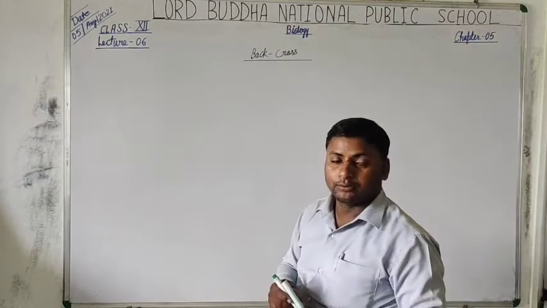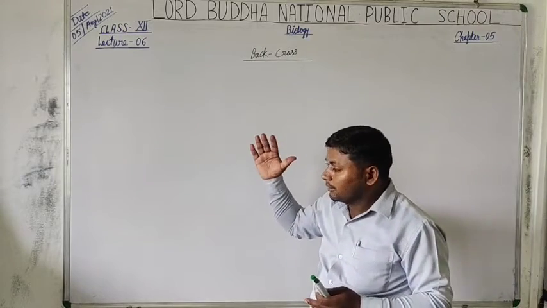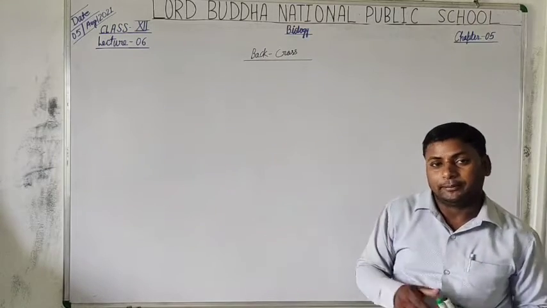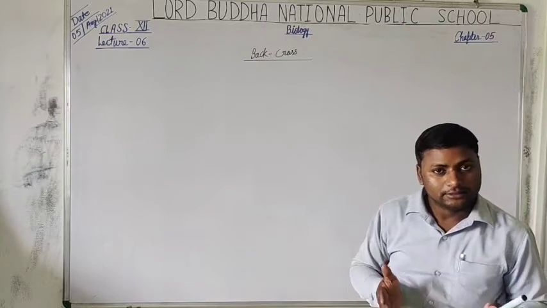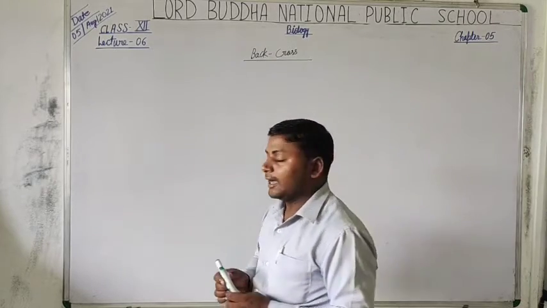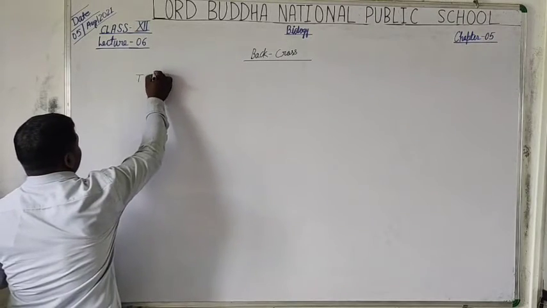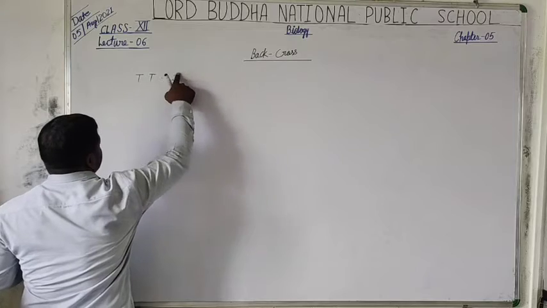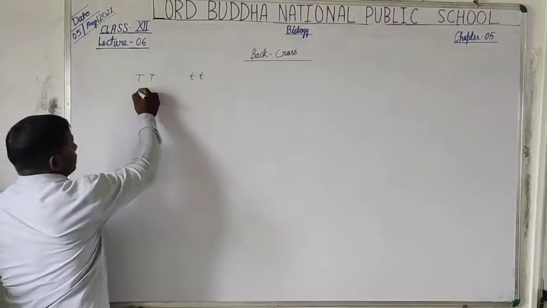So students, what did we obtain in the monohybrid cross by taking the stem length or height of the plant stem?